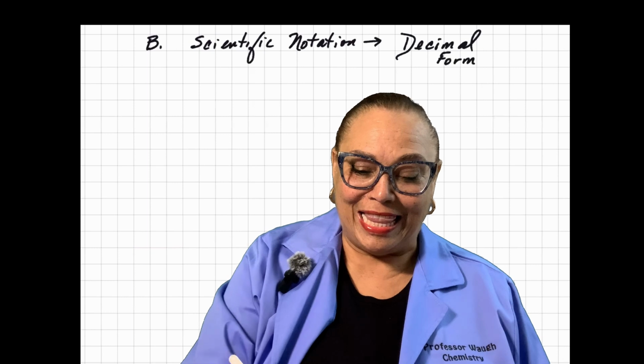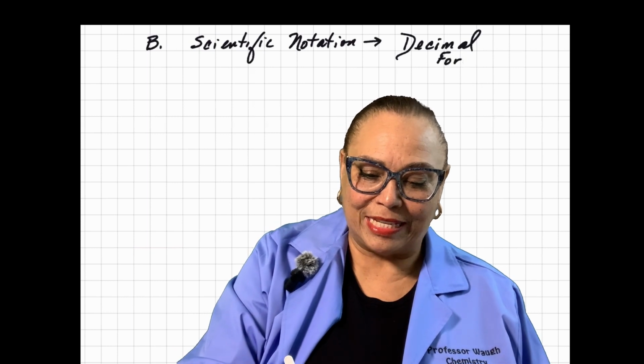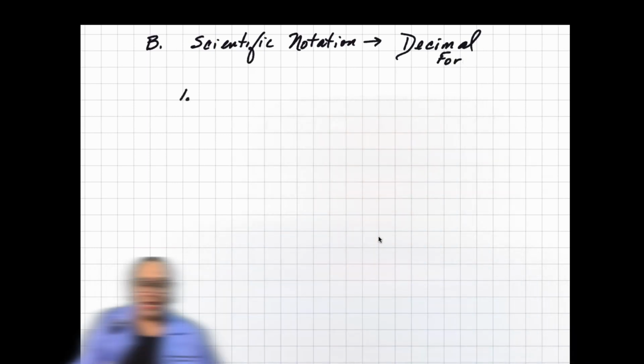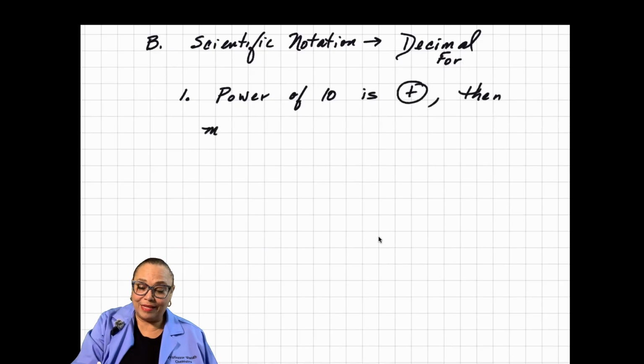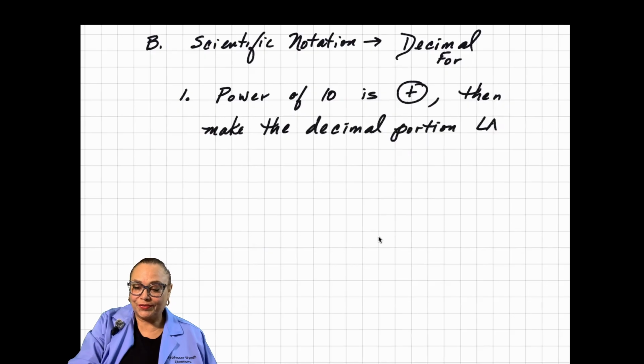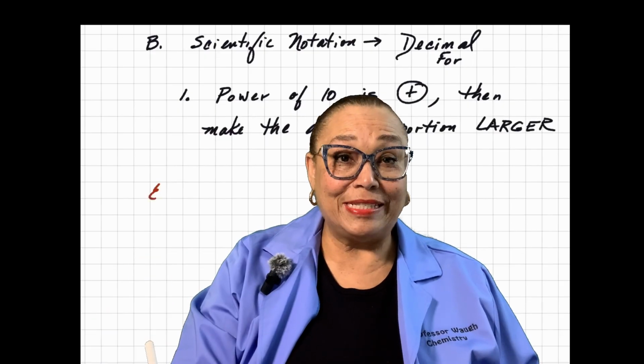Now, let's look at those powers of 10. If the power of 10 is positive, then make the decimal portion larger.